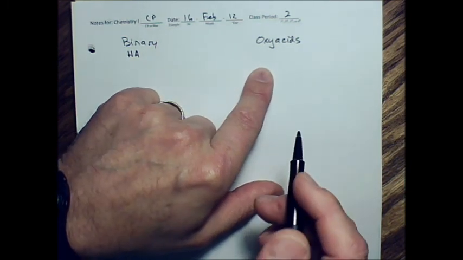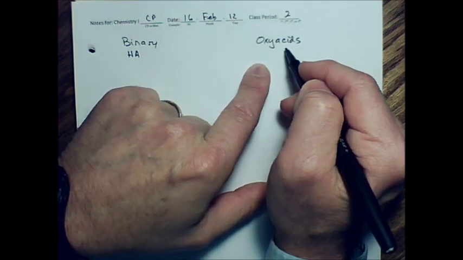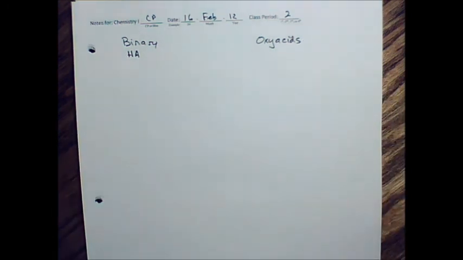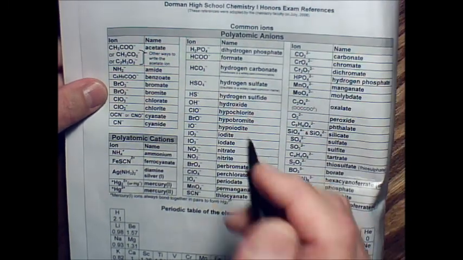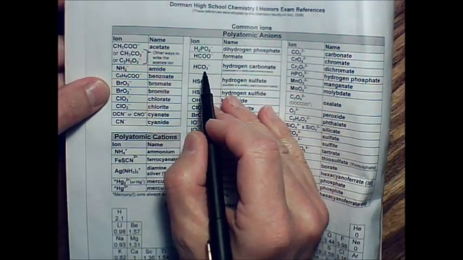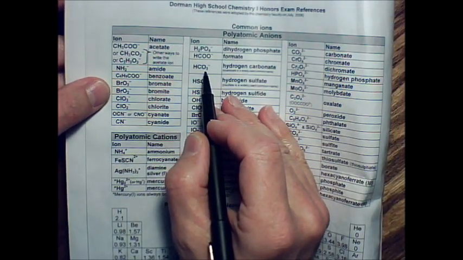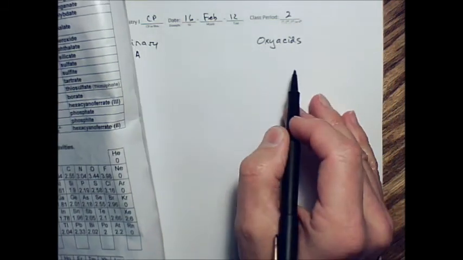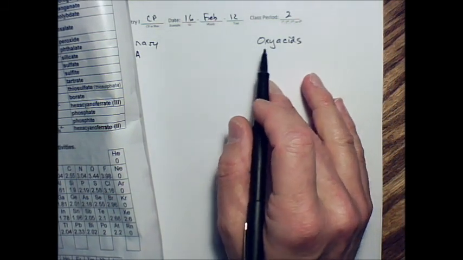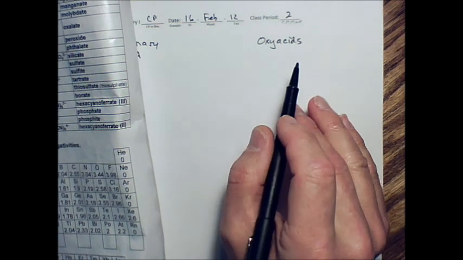Okay? All right. Oxyacids are those acids that have a polyatomic ion that contains oxygen. All these polyatomic ions on your common ions list that have oxygen in them, you can make acids that have this polyatomic ion with the oxygen, and that's called an oxyacid.